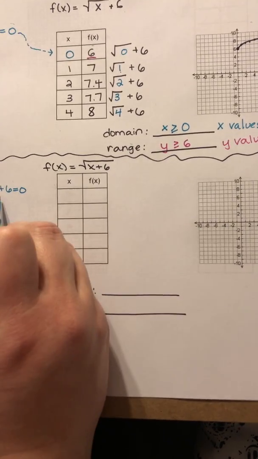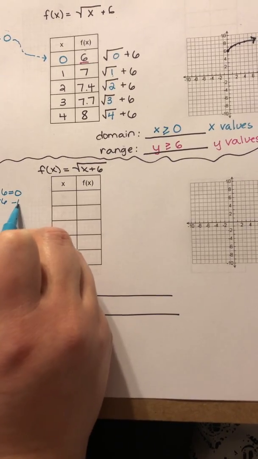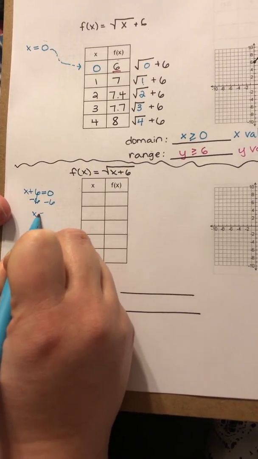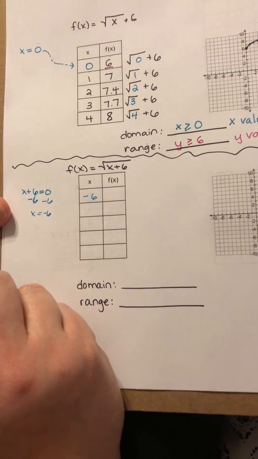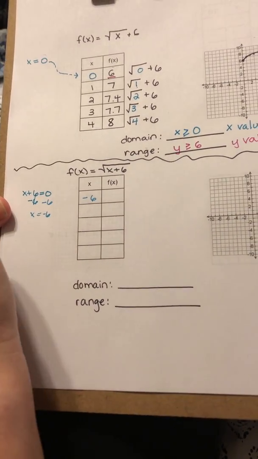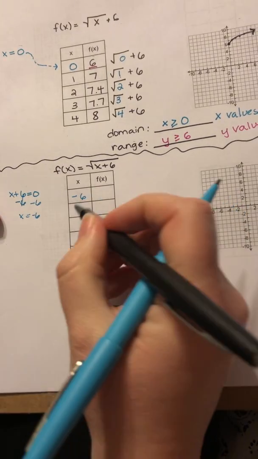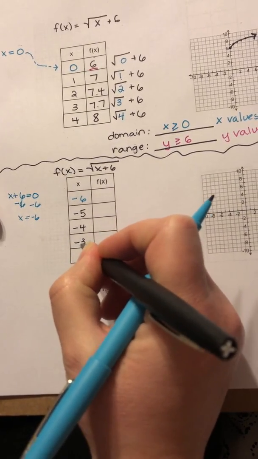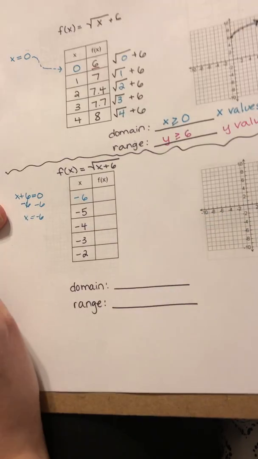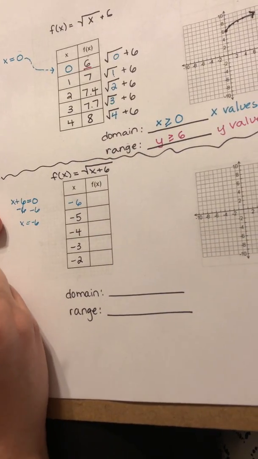Well, in this problem, we actually need to solve that to get x by itself. So our starting x value in this example is -6. But again, we're going to count up from -6. So we're going to go -5, -4, -3, and -2, counting up towards 0.